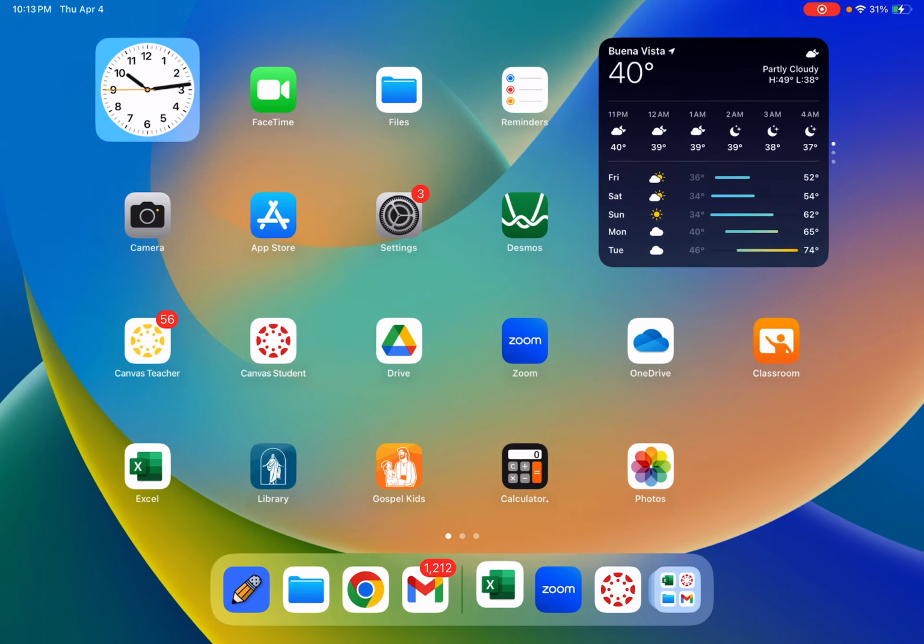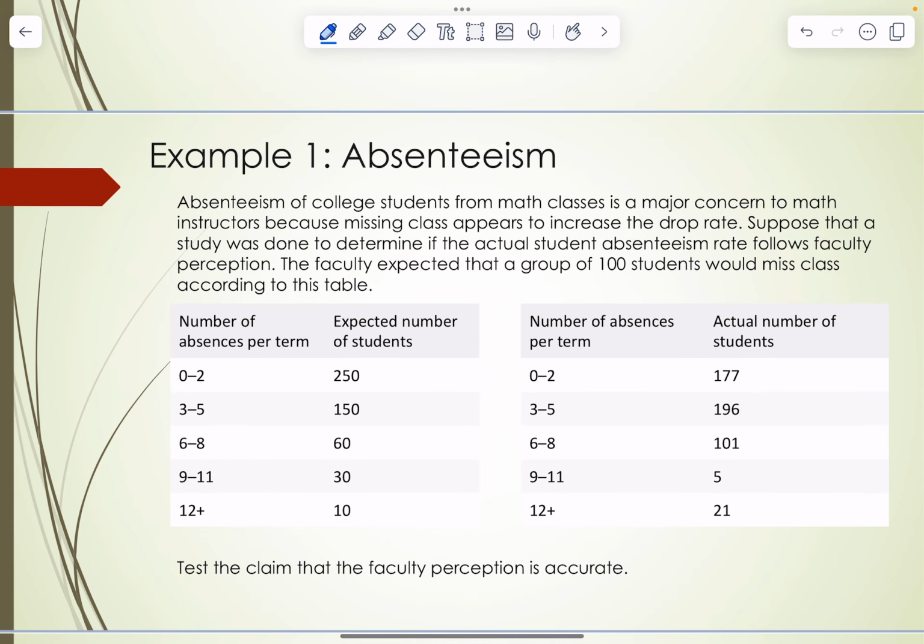Well, let me read the question. All right, absenteeism of college students from math classes is a major concern to math instructors because missing class appears to increase the drop rate, which is very unfortunate. Suppose that a study was done to determine if the actual student absenteeism rate follows faculty perception.